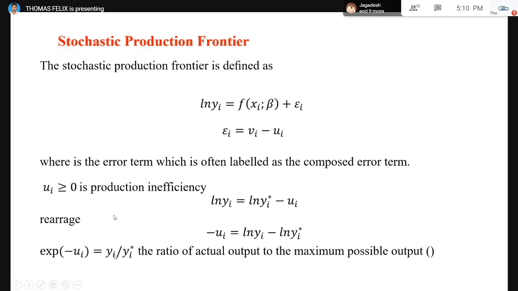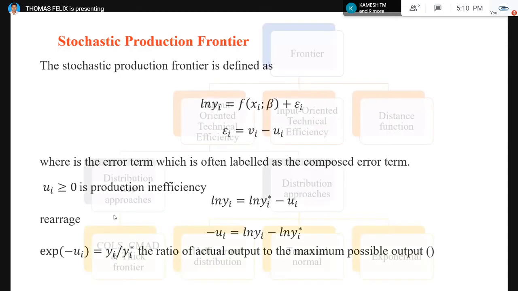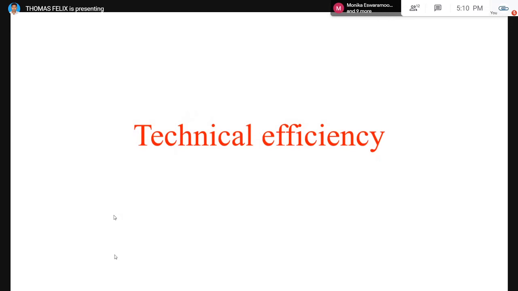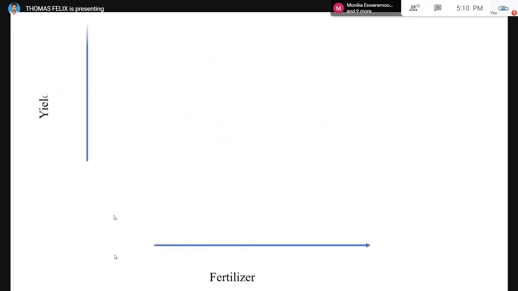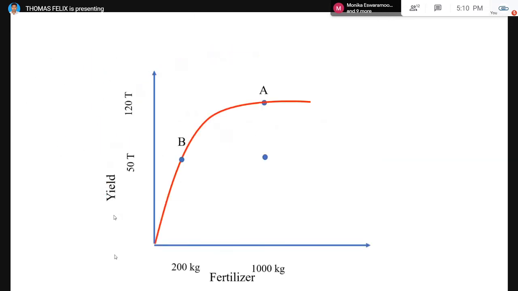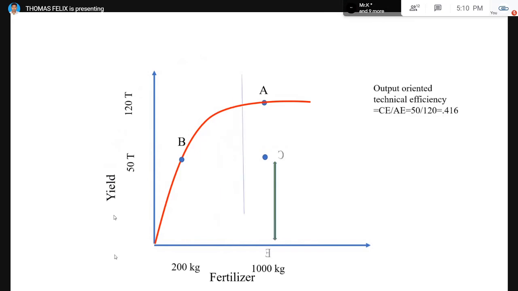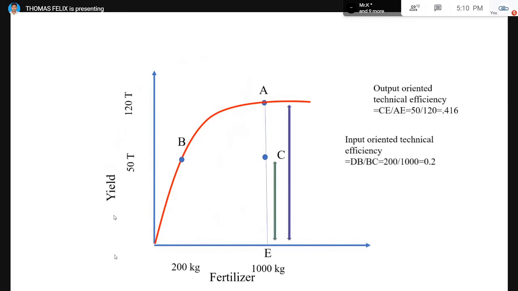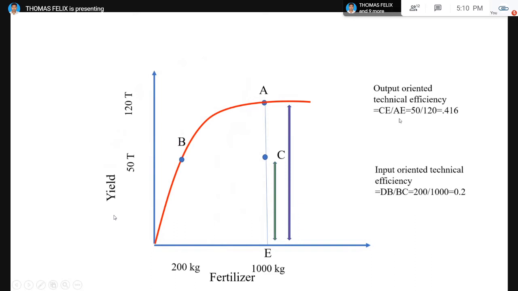Earlier we have also seen that the technical efficiency is nothing but the ratio between the actual yield divided by the maximum attainable yield. In our earlier case, in the output oriented approach, we have seen the ratio CE divided by AE.